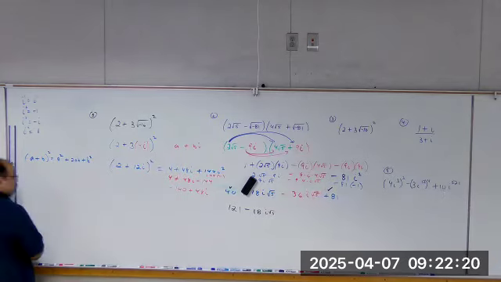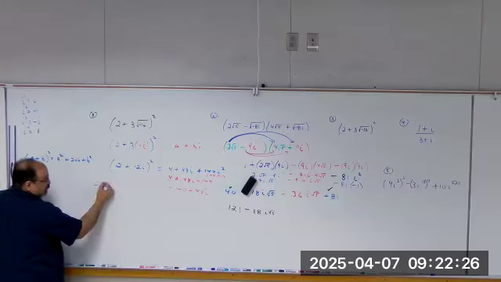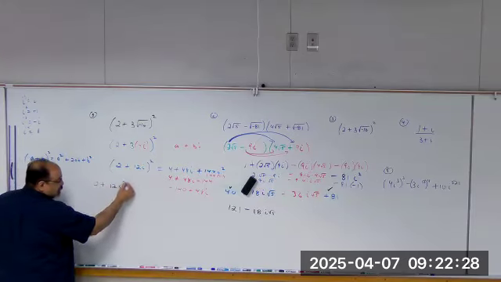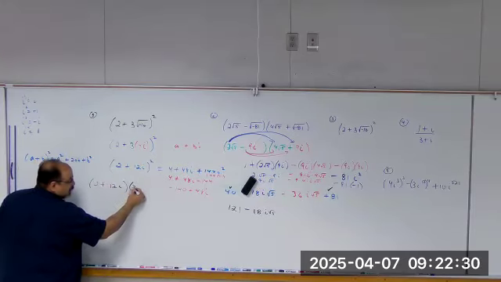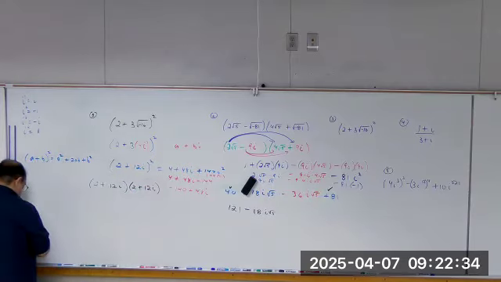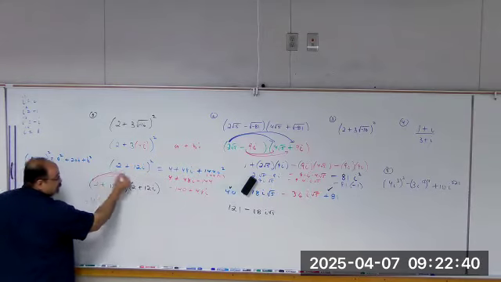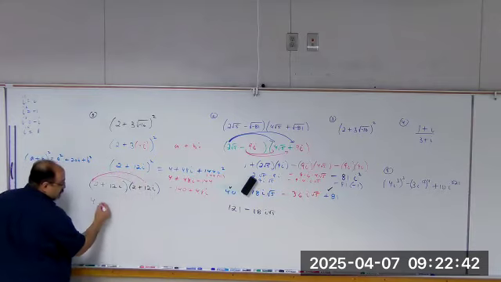Or you can just write it out. It's 2 plus 12i times another 2 plus 12i. 2 times 2 is 4. 2 times 12i is 24i.